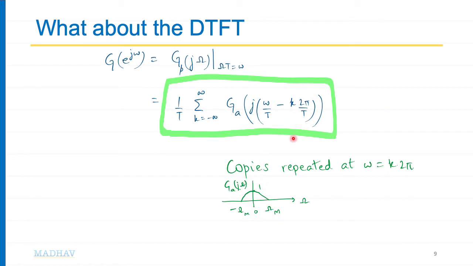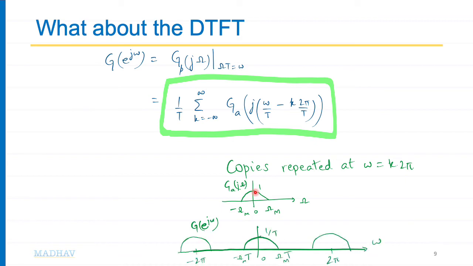K is an integer. So basically, this was my original analog thing, and if I look at the DTFT, it is simply copies of the same thing. So that's simply the relationship. And also you remember that if you sample in the time domain, you get periodic copies in the frequency domain, and that's what we just now proved.